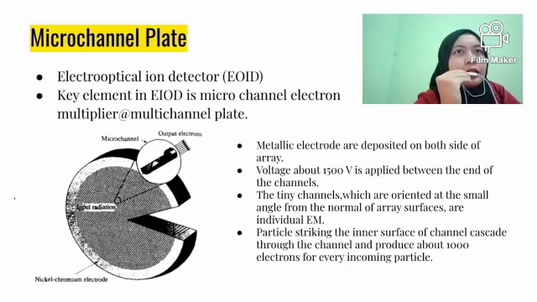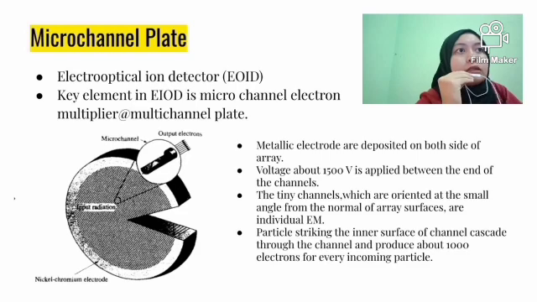From the image given, the metallic electrodes are deposited on both sides of the array. Voltage of about 1500 volts is applied between the ends of the channels. The tiny channels, which are oriented at a small angle from the normal of the array surface, are individual electron multipliers.